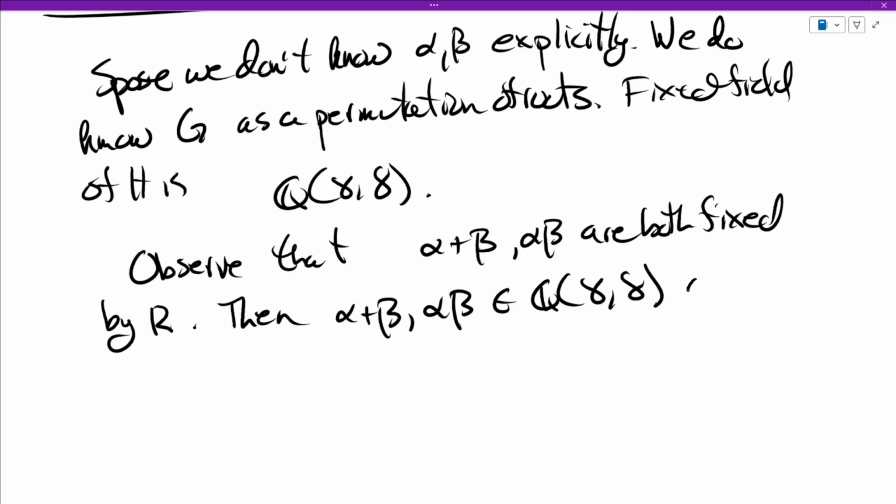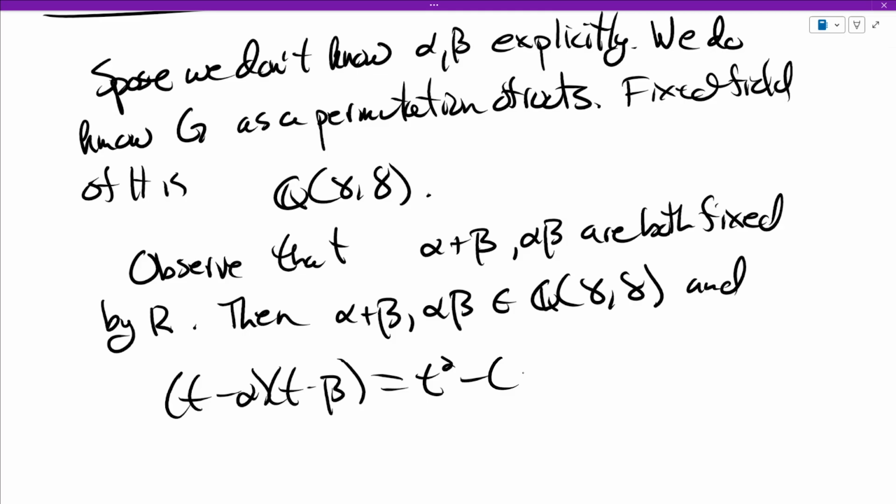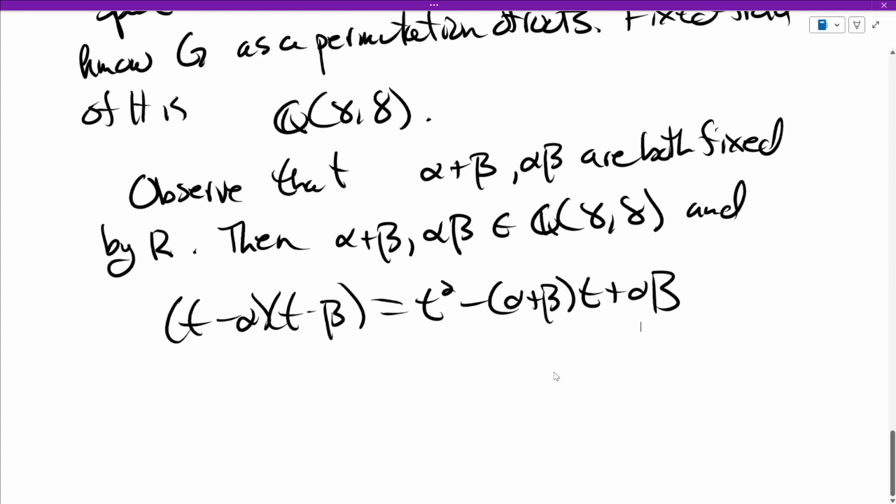Okay, and we also know that if I look at t minus alpha, t minus beta, if you multiply that out, what you get is that polynomial. And that is a polynomial over the fixed field of H, right? Because the coefficients are in Q adjoined gamma delta. So it's a polynomial there.